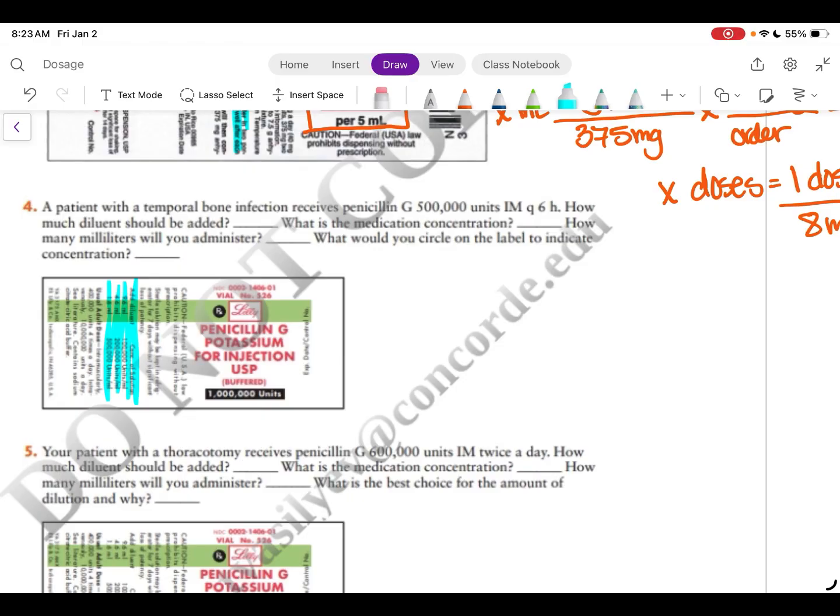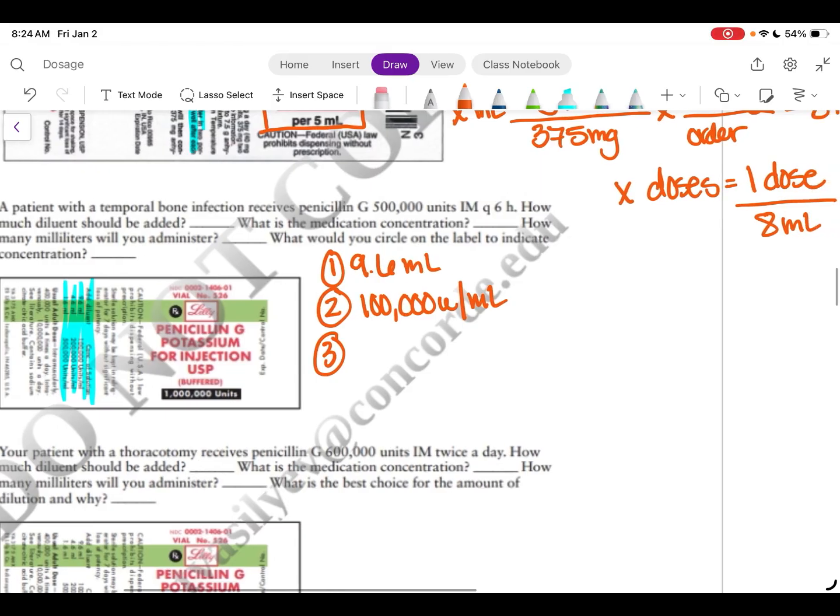So the important thing here is to pick one of the numbers and make sure the concentration that you use to solve the problem matches how much diluent you picked. Okay, so I'll show you. How much diluent should be added? I'm going to say that I'm going to add 9.6 milliliters of diluent. Okay. What is going to be my medication concentration? It's going to be 100,000 units per milliliter, right? So then for number 3, how many milliliters will I give?